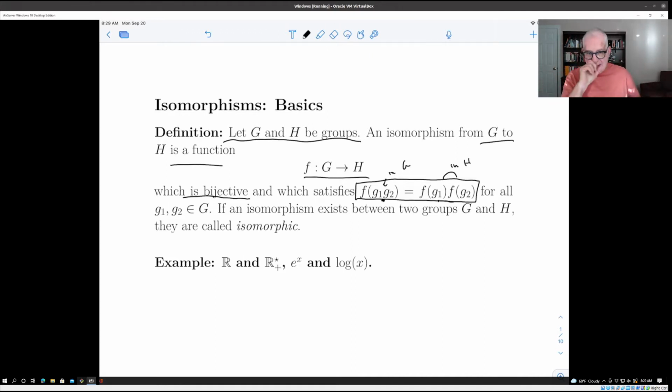So let's look at maybe one of the most fundamental examples of an isomorphism, and that's an isomorphism between the additive group of real numbers. That's our group G. And our group H is the multiplicative group of positive real numbers.